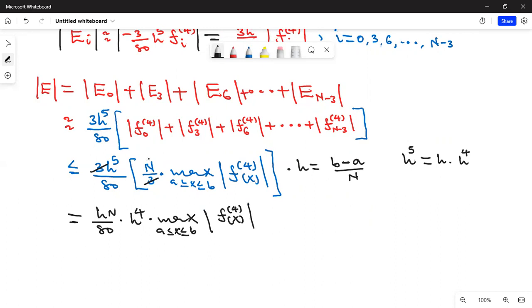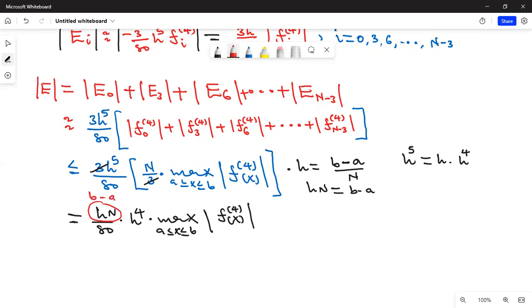So what is h times n? h times n is the same as b minus a. So that's what I'll write in place of h times n, which is b minus a.